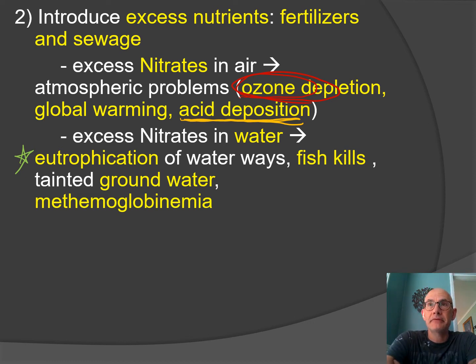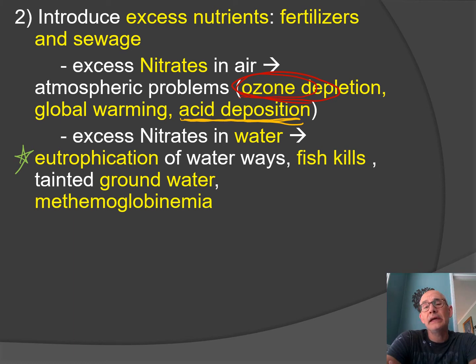If you've ever seen a really green, scummy pond or lake, that's because it has had excess nutrients go into it. And you might think, oh, well, that's extra algae, so that's more photosynthesis, that's more food for the things living there, that's more oxygen.